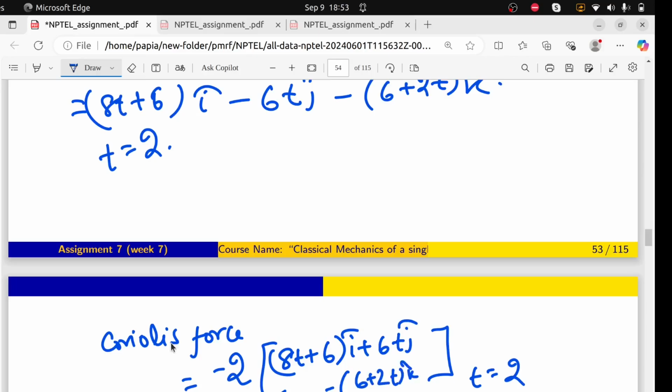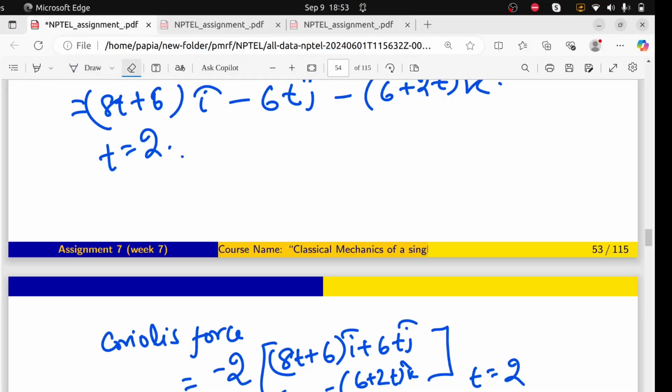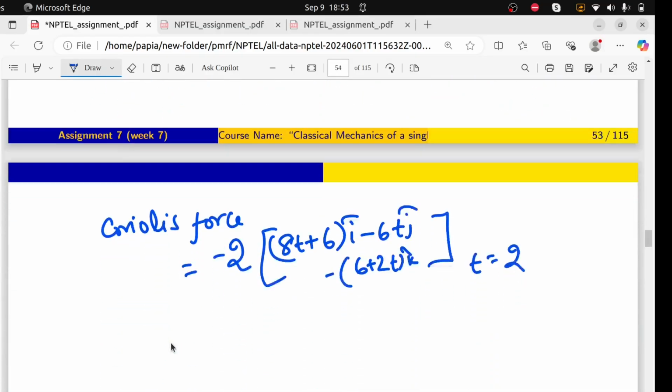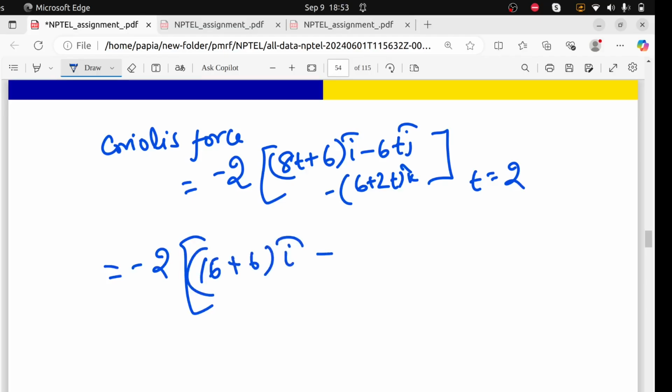Sorry, that should be minus. If I put the value of t here, (16 plus 6) i cap minus 12 j cap, minus (6 plus 4) k cap.